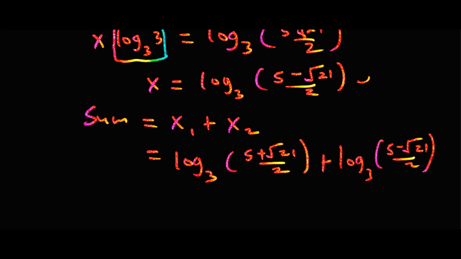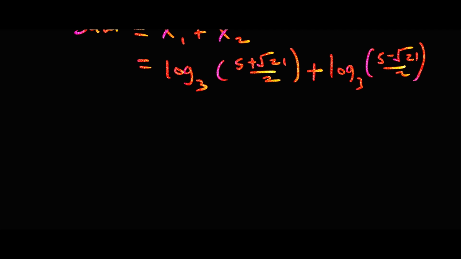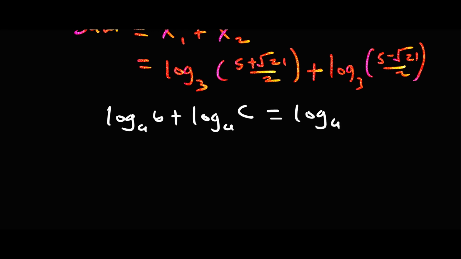The second one is log to base 3 of 5 minus root of 21 over 2. So we can apply the first law of logarithms to simplify this. Remember, the first law of logarithms says that log to base a of b plus log to base a of c is the same as log to base a of bc.